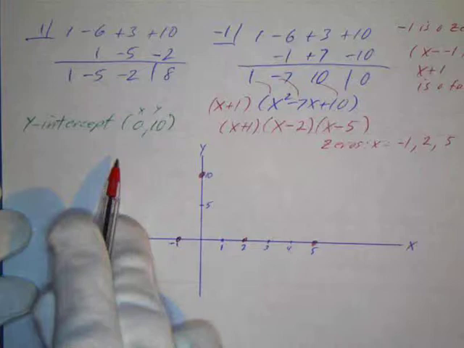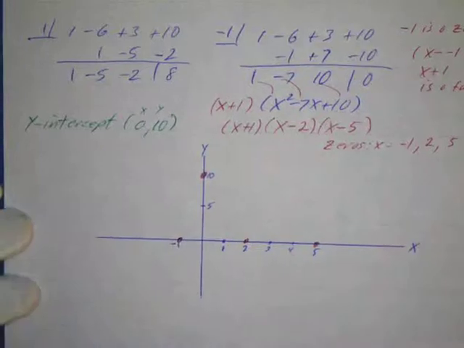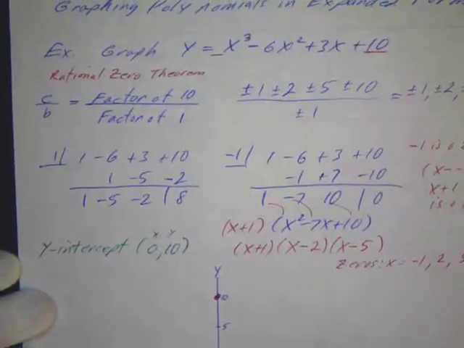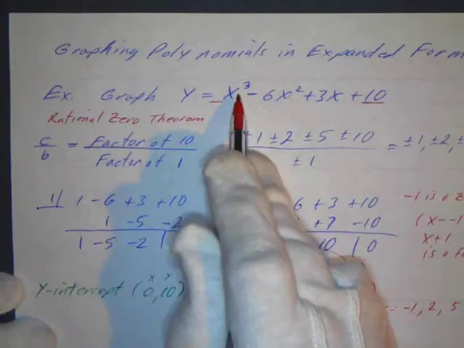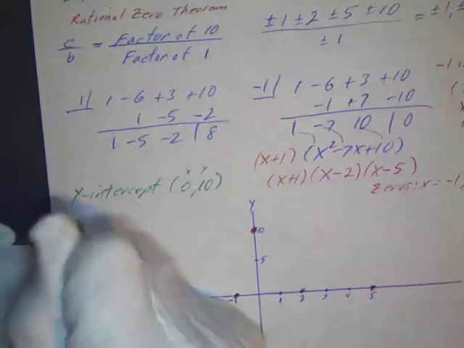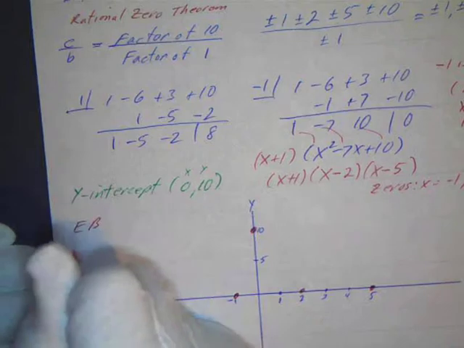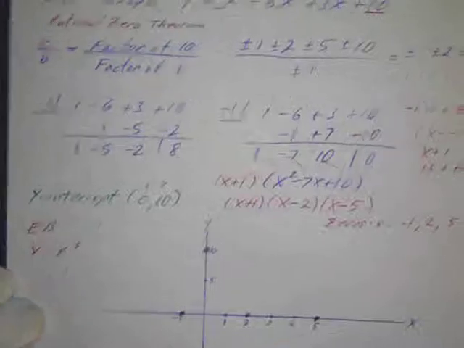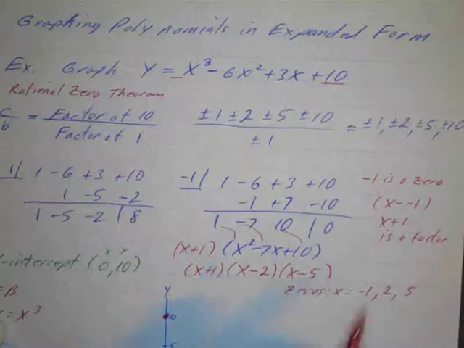Now where do we start? Do we start up here or do we start down here? So let's look at the end behavior. And I can do it 2 ways. I can just look at this and say y equals x cubed. Or I could just add up these exponents and I have 1, 2, 3, y equals x cubed.